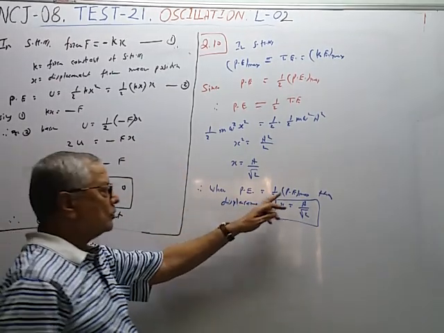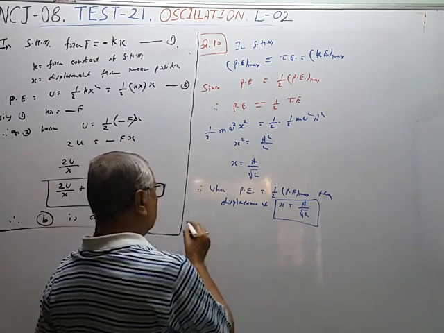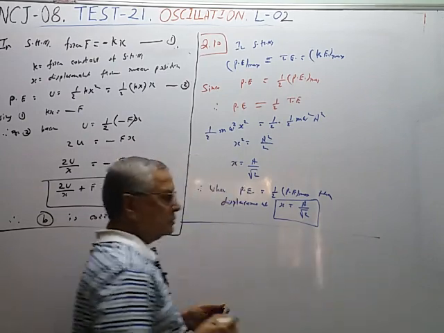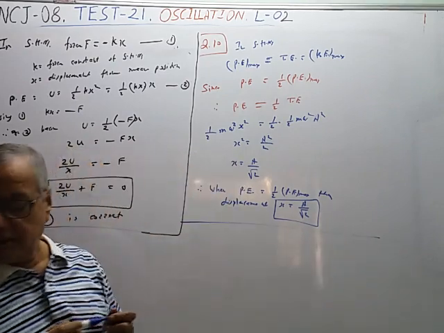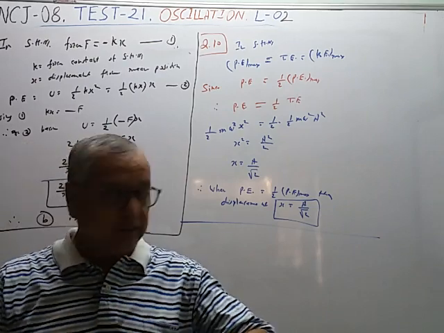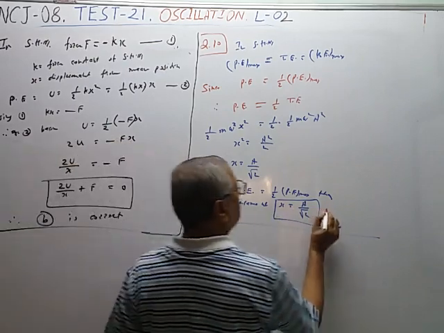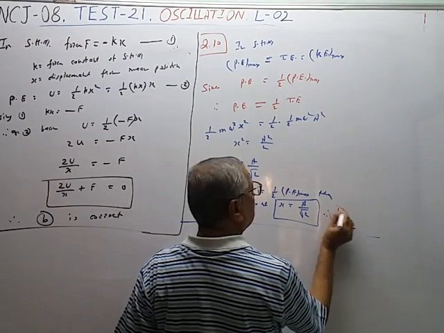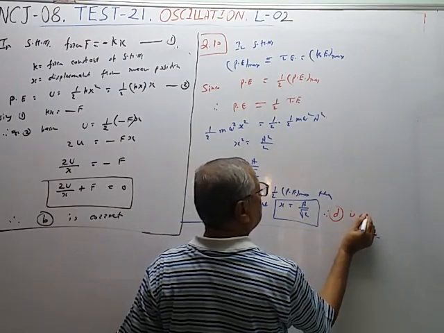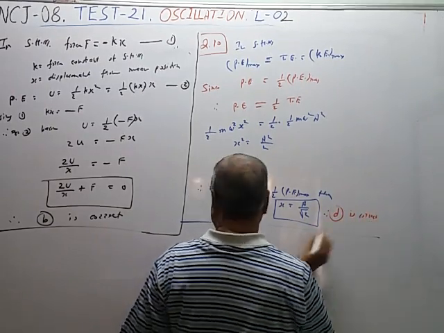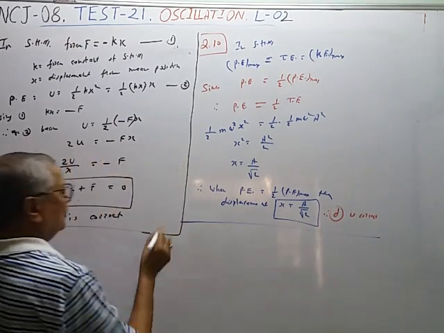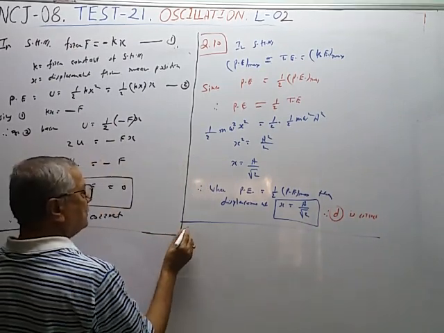This is the answer. So potential energy is equal to 50%. So you can remember these two properties combined like this, and therefore the correct choice is D. D is correct. So remember these two cases.